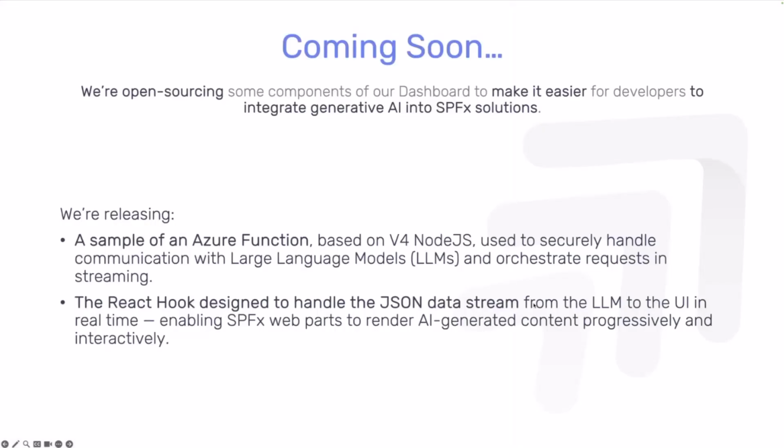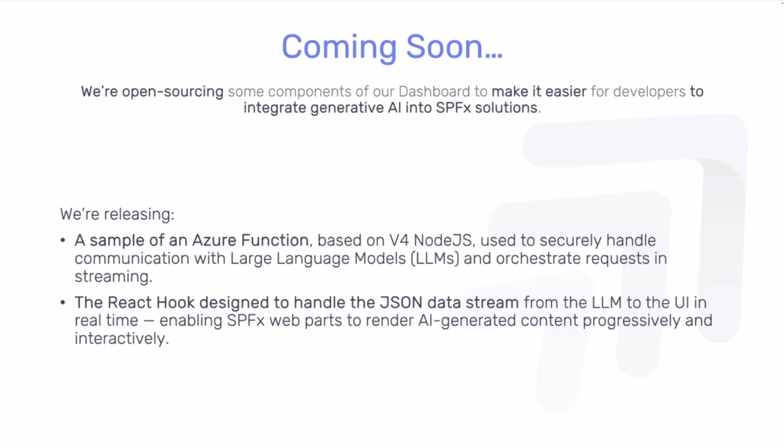Just a few slides. So what is coming soon? We want to make a part of this dashboard open source. It's a project for one of our customers, but one of the parts will be published as open source.